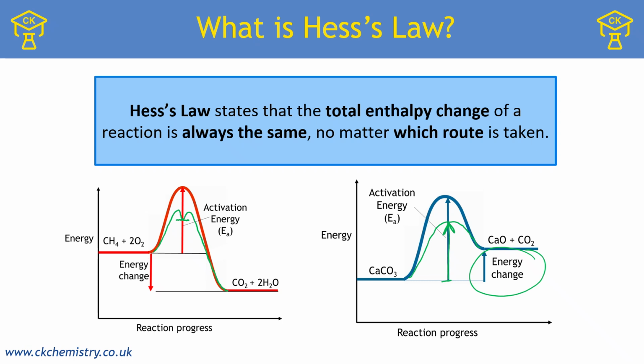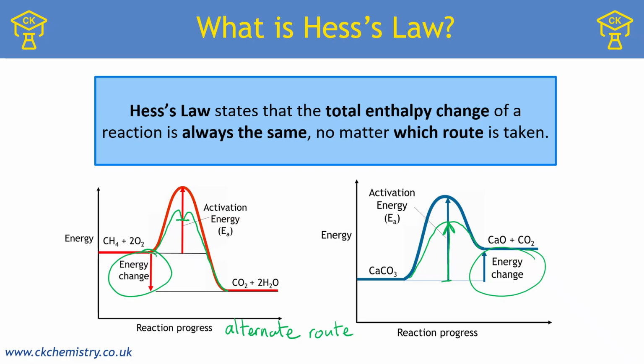The catalyst provides an alternate route or pathway for the reaction to take place. So this is a tie-in with Hess's law. We know that catalysts do this, and we should know that catalysts don't change delta H. They don't change the overall enthalpy change of the reaction.